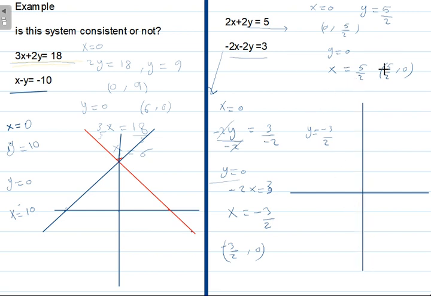Okay, the first one here is (0, 2.5), which is roughly here, and the other one (2.5, 0). So this is the line representing the equation.